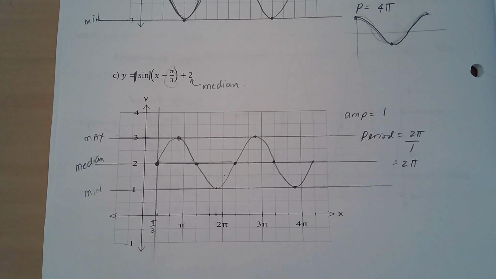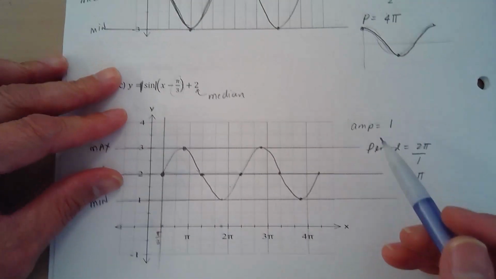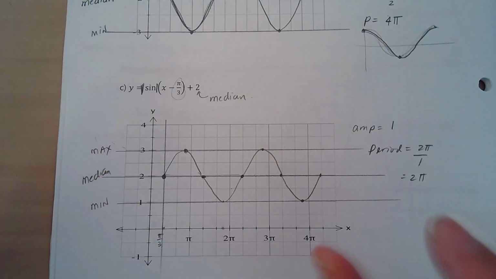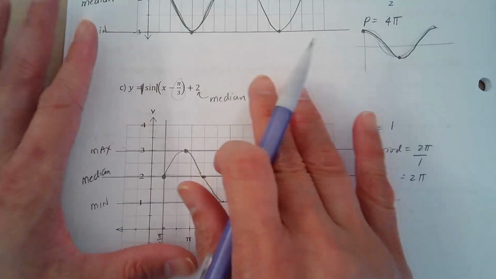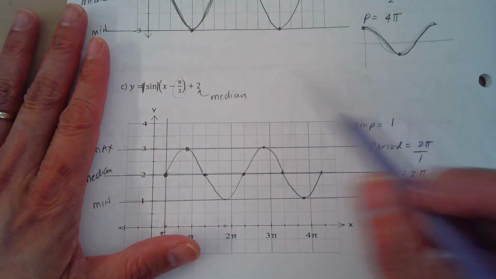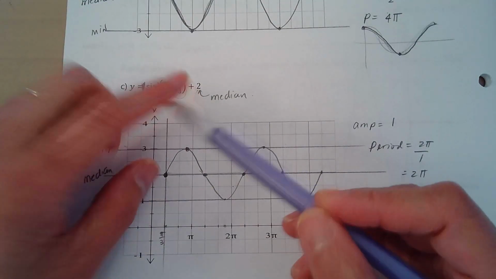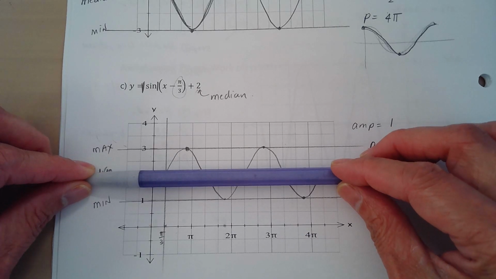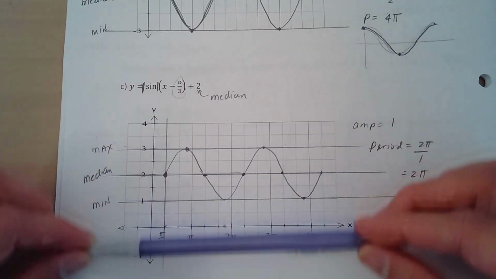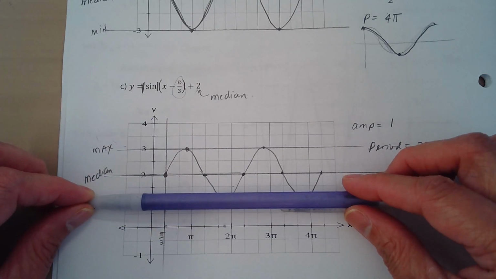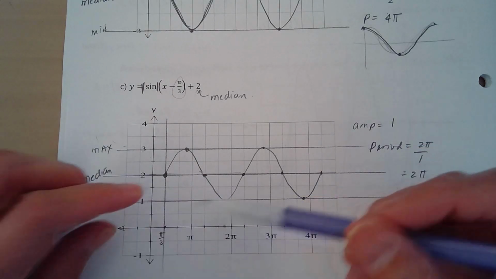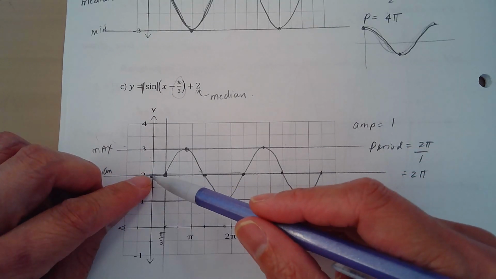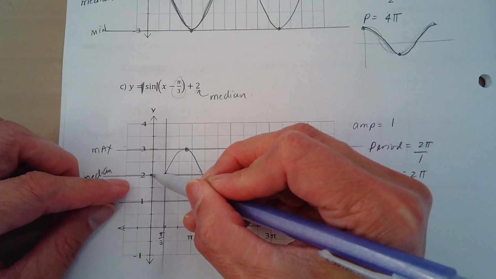Here's the other possibility. We're gonna come up with the same graph, but here's the other possibility. Draw the median. Figure out how far up and how far down using your amplitude. And then from there, graph your sine function.